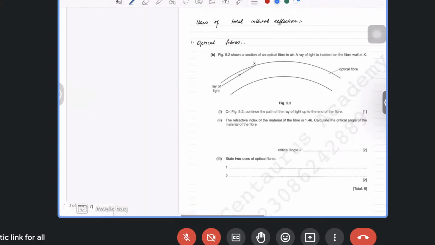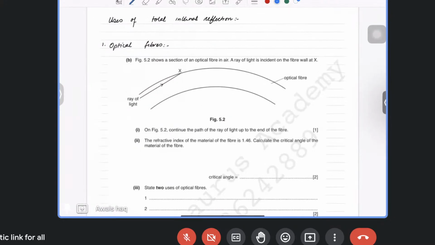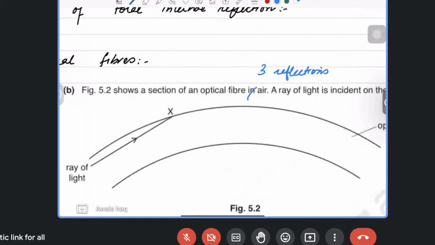Then it says in these uses of total internal reflection, continue the path. So in optical fiber, in these sort of questions you have to make 3 reflections, and these will be there all the time, so you need to remember. How to do that? You make a normal line and then you make a reflection.